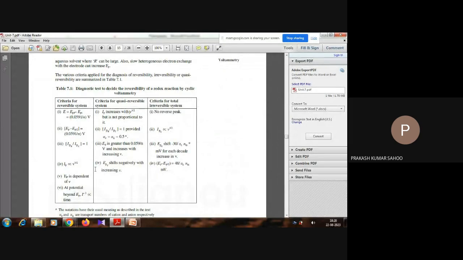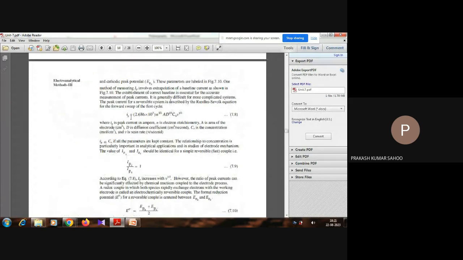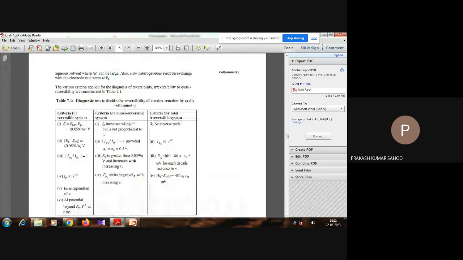So these are the things you should follow, by following that equation. This is the equation: IP is equal to n to the 3 by 2, A, D to the half, C0, v to the half, and these things can be interpreted.